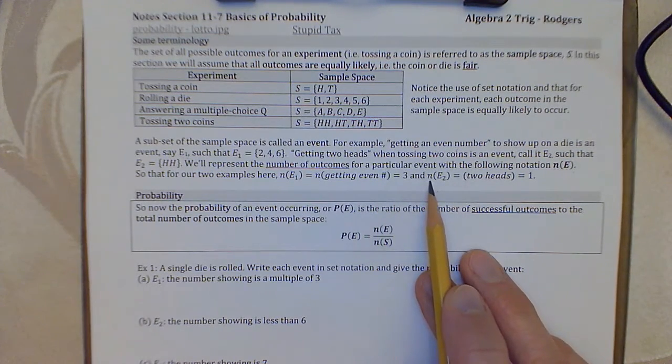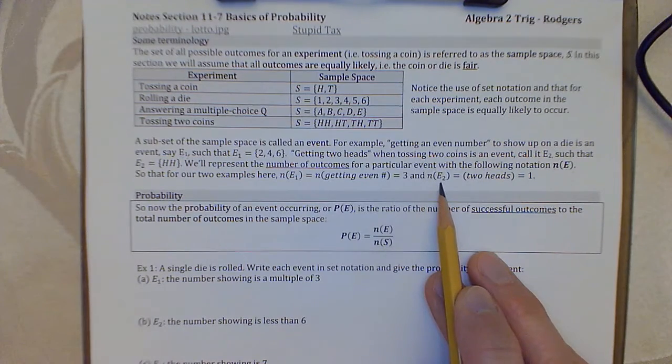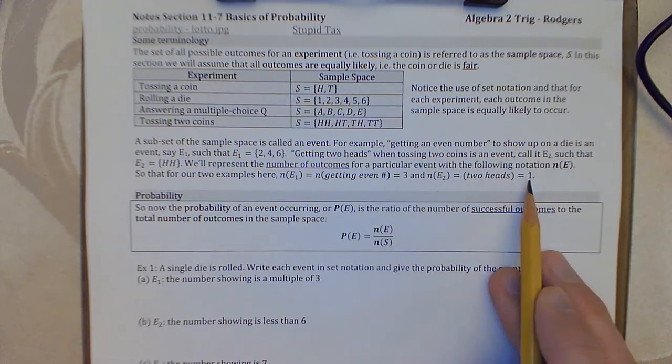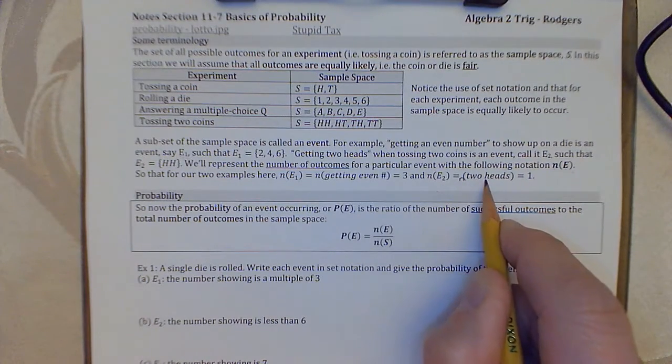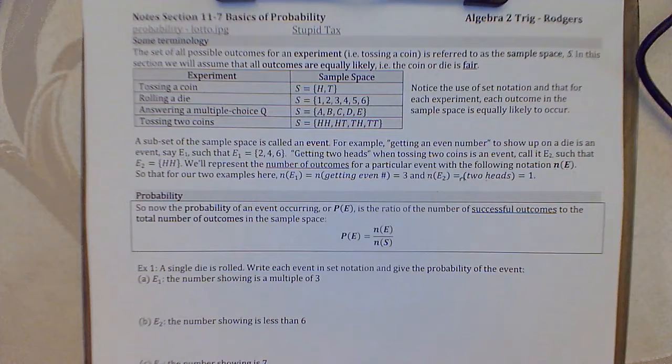And the number of outcomes for event 2, getting 2 heads, the n of getting 2 heads, is just 1. There's one way of getting 2 heads when tossing 2 coins.